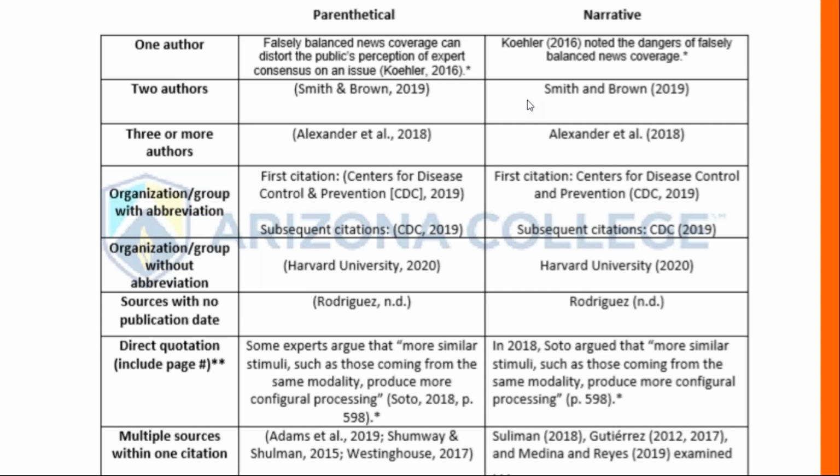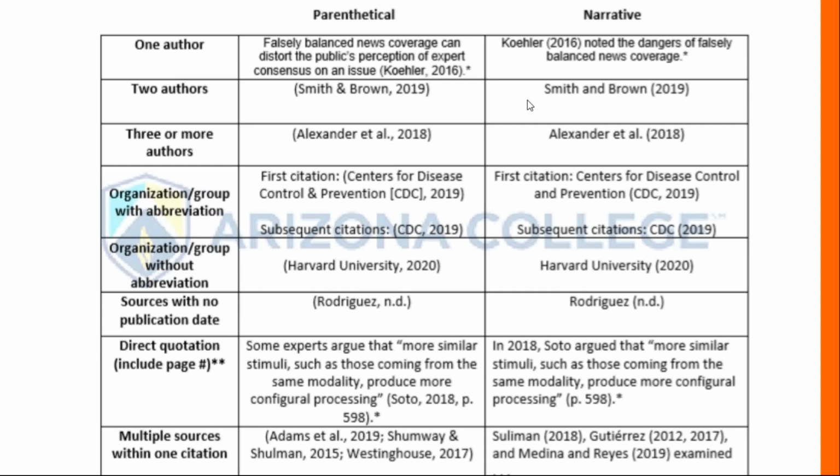If I have three or more authors, it's going to be the first author that's listed, et al. And that et al just means and others. So we're not listing 20 different authors in our citation. That gets distracting. So if there are three or more, you can use that et al.